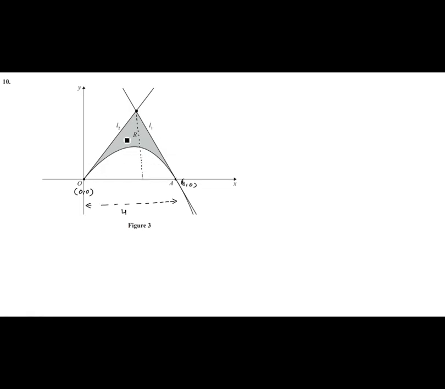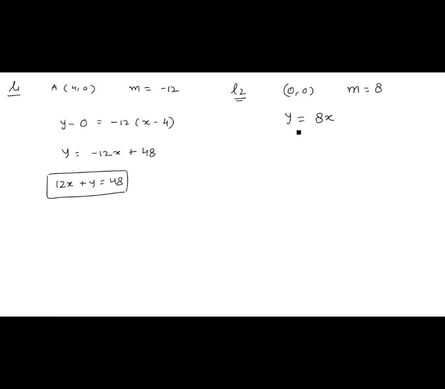So in order to find the area of the shaded region, if we can work out the area of the triangle minus the area between the curve and the x-axis, we will be able to work that out using integration. So let's work out the coordinates where the line L1 and L2 intersect. So this is L2, this is L1.